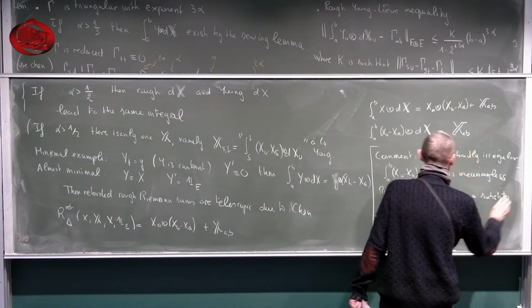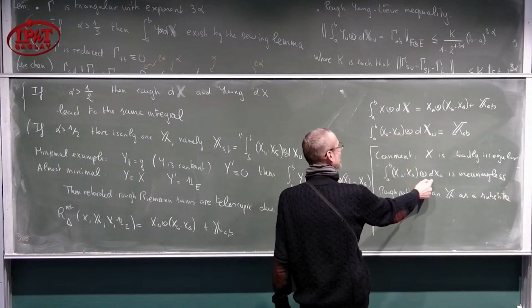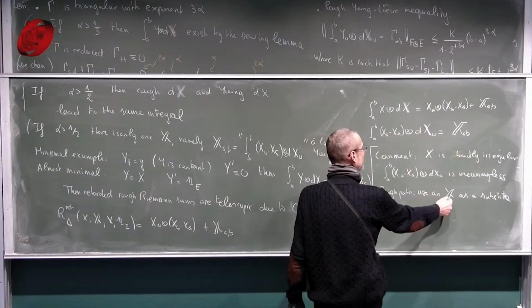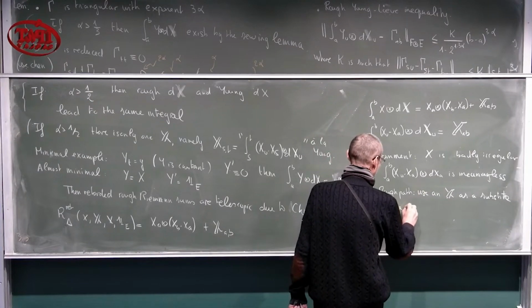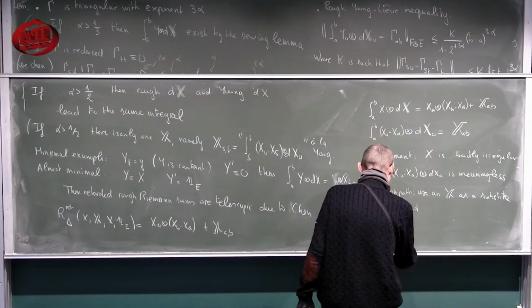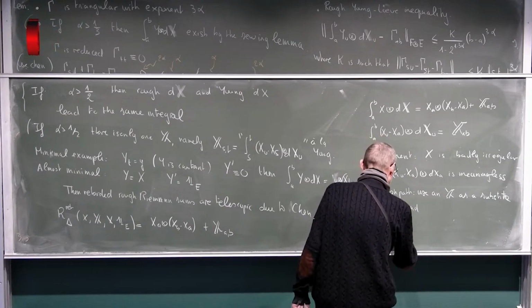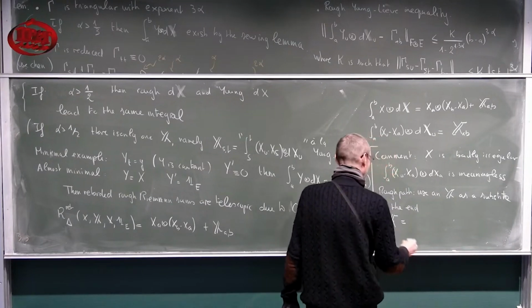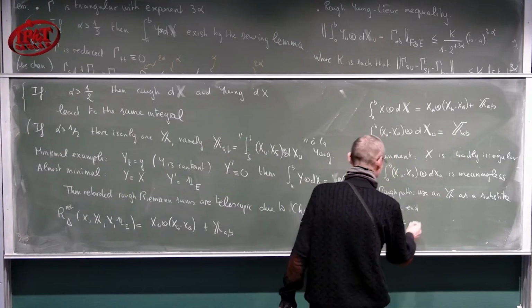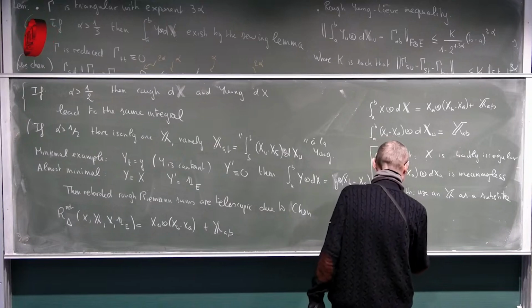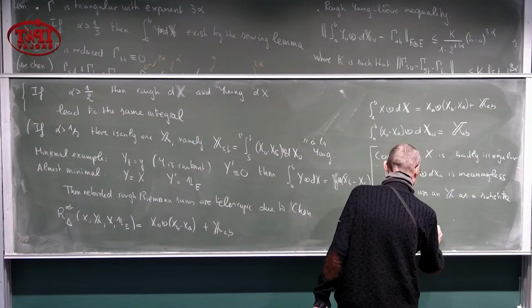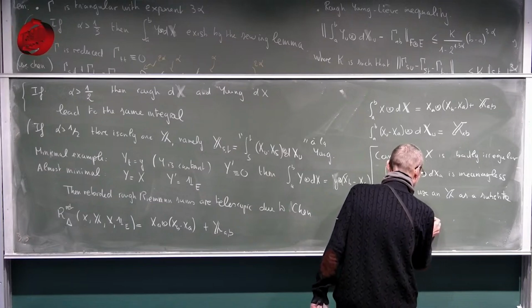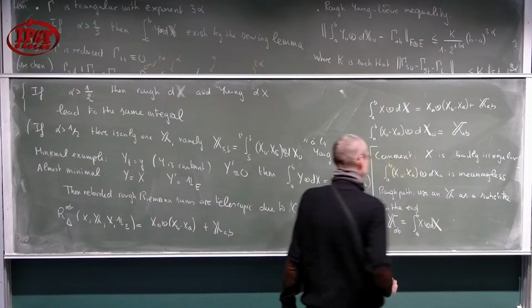So morally, everywhere we would write down this meaningless expression, we would replace it by X, and in the end you find that now both sides are defined, and then X is exactly equal to the integral dX from a to b.